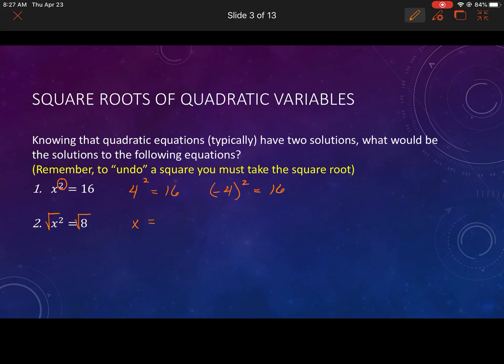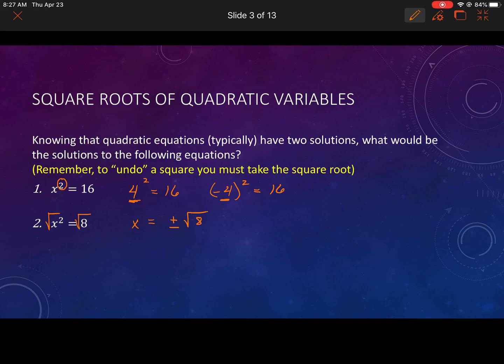But because I have to account for the fact that this could be a positive or a negative, we're going to use this little symbol, which just means plus or minus. So plus or minus the square root of 8 would be the two solutions that make this a true statement: a positive square root of 8, and a negative square root of 8.